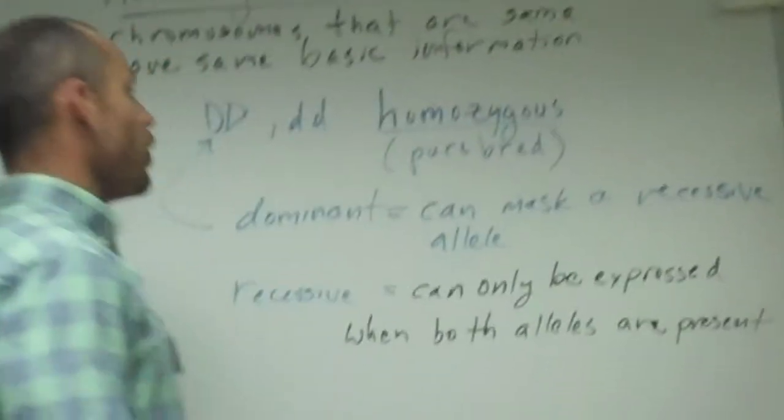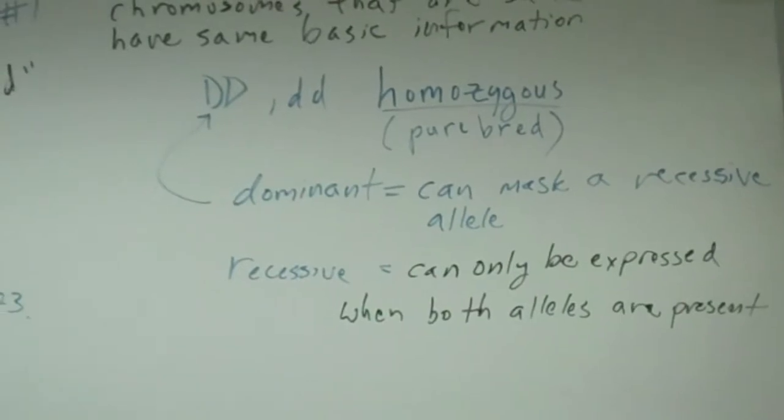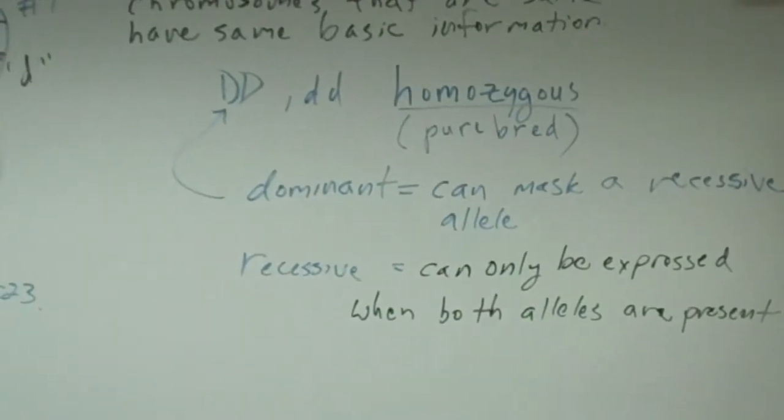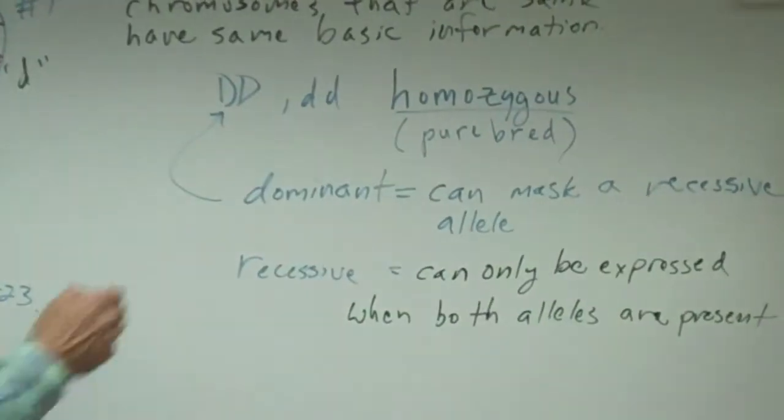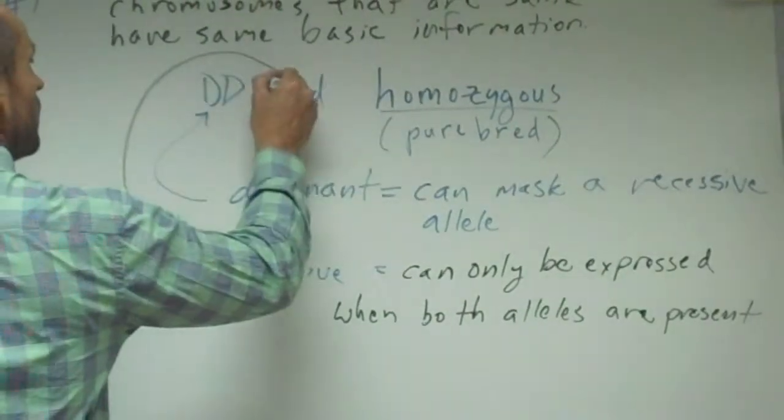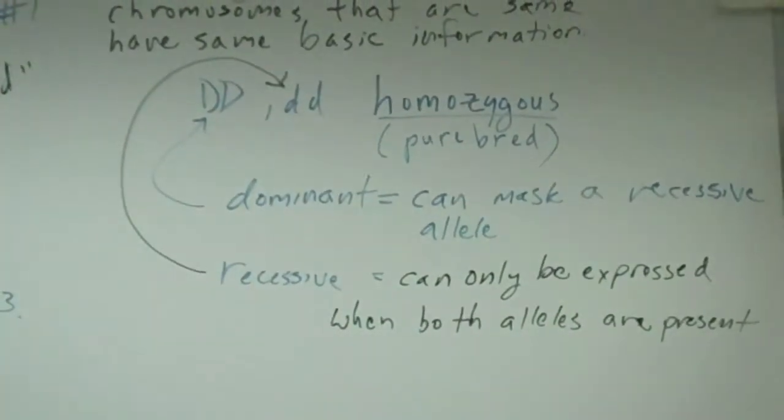So the only way to get a homozygous recessive or recessive trait expressed is when both alleles are recessive. Okay? So this is an example of homozygous recessive.